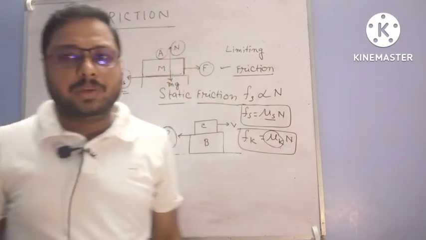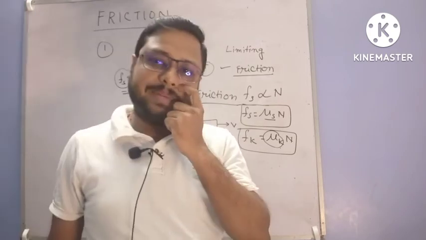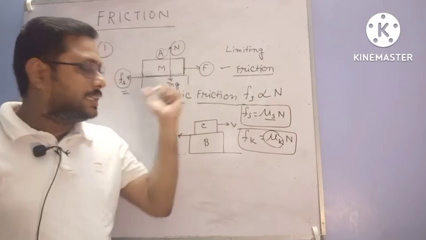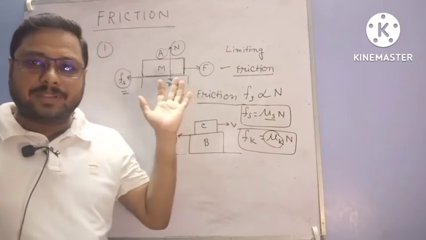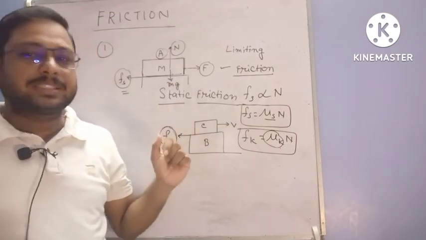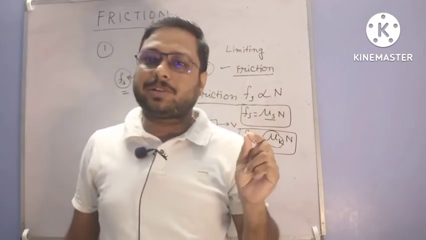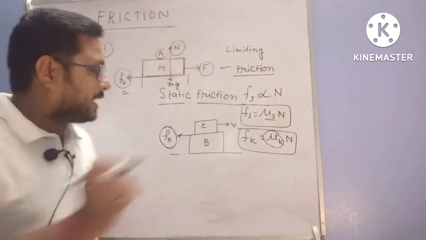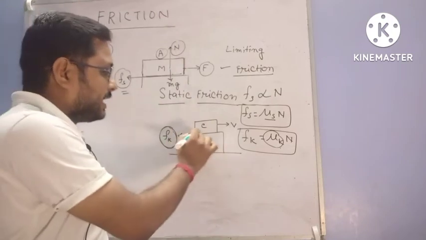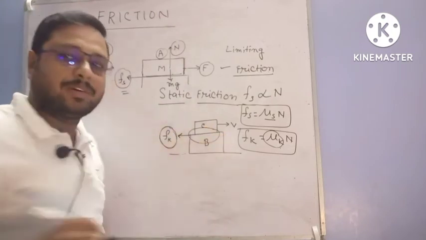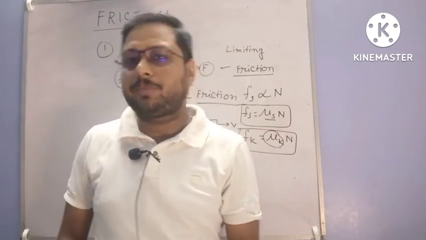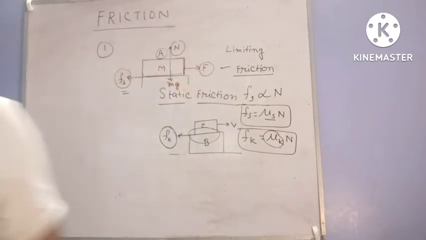This is the basic properties of friction, and friction does not depend on the area of the contact surfaces. It does not depend on how much area is in contact between B and C or any other object. So, let us take an example of mathematical solutions.